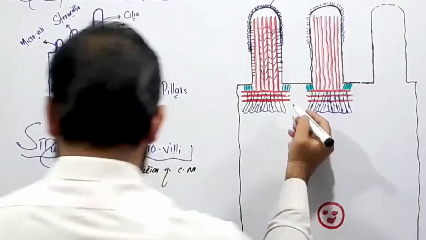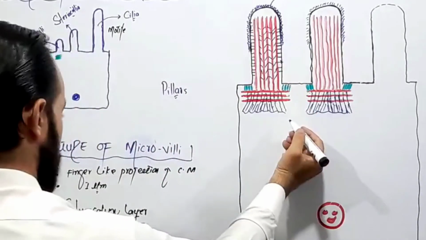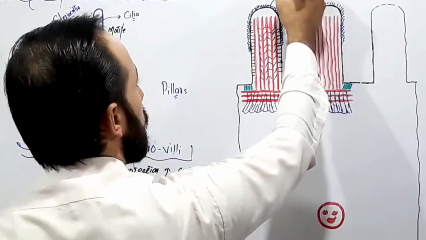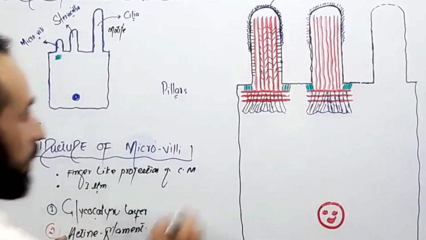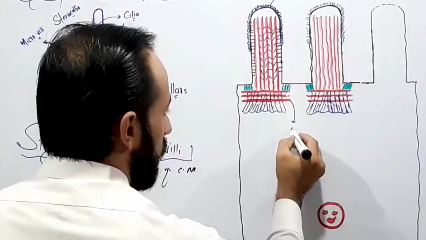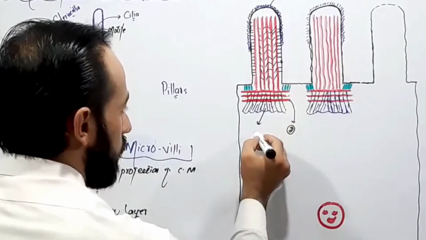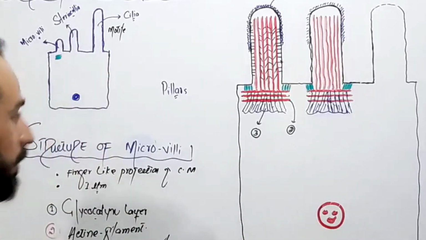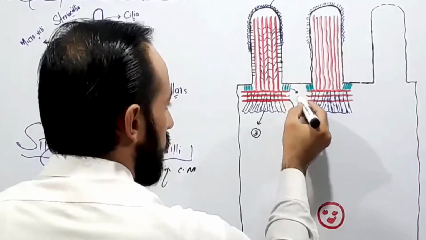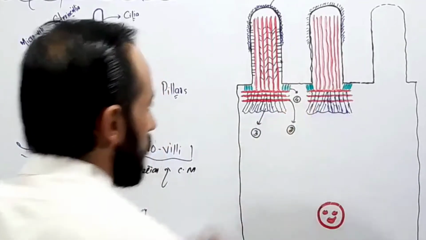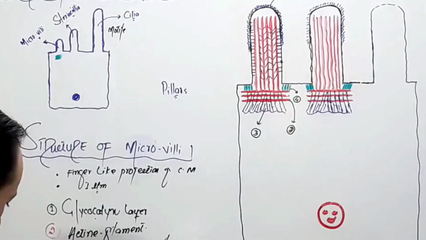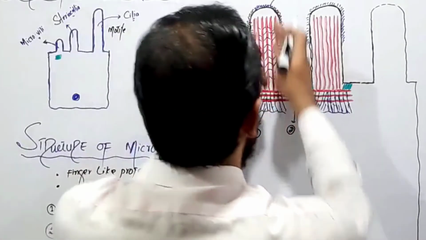Look carefully friends, the first thing which we had shown here was the glycocalyx. Then these red filaments are called the actin filaments. Then these blue filaments are called the intermediate filaments, and then these green filaments or proteins are called the spectrin filaments. And then number 5, what are these which are going upward?